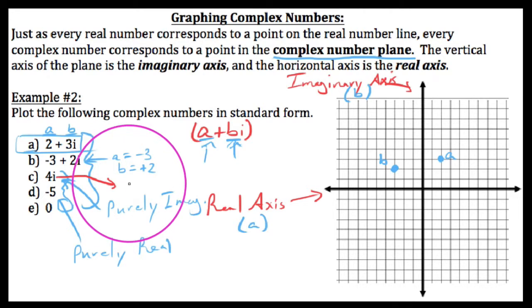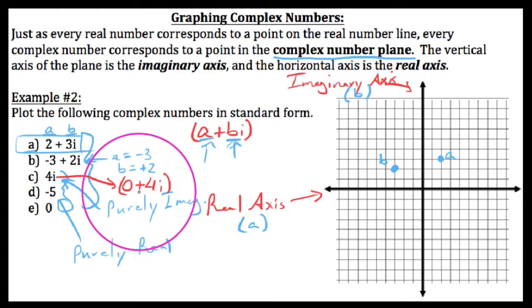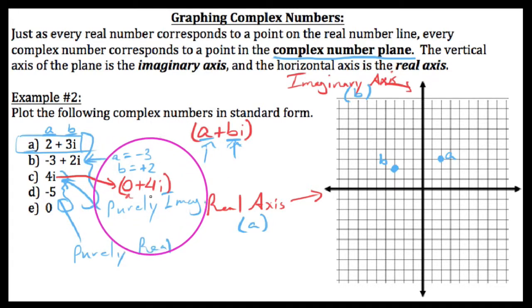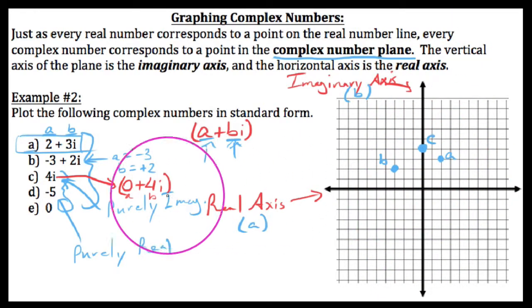If I said 4i, how would I write that in a plus bi form? That'd be the same thing as 0 plus 4i. Our A part is 0 and our B part is 4, which means we're going to go left and right none, and we're going to go up 4. So when you graph a purely imaginary number, it occurs on this imaginary axis. It doesn't deviate left or right because there were no parts to it that were real.